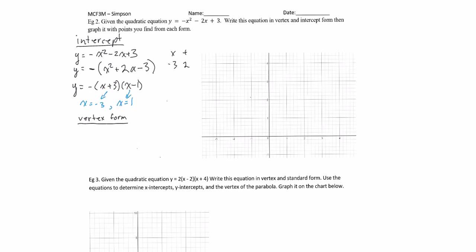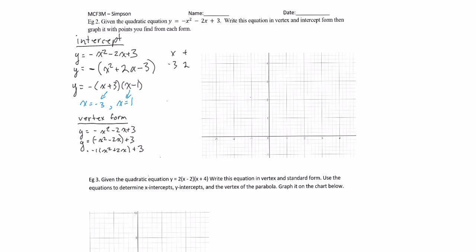Okay? Okay. Got it? So now we're going to compute our vertex form. Take our original equation, -x² minus 2x plus 3. First thing we're going to do is say y is equal to -x² minus 2x in brackets plus 3. We now factor out a -1, x² plus 2x, plus 3.